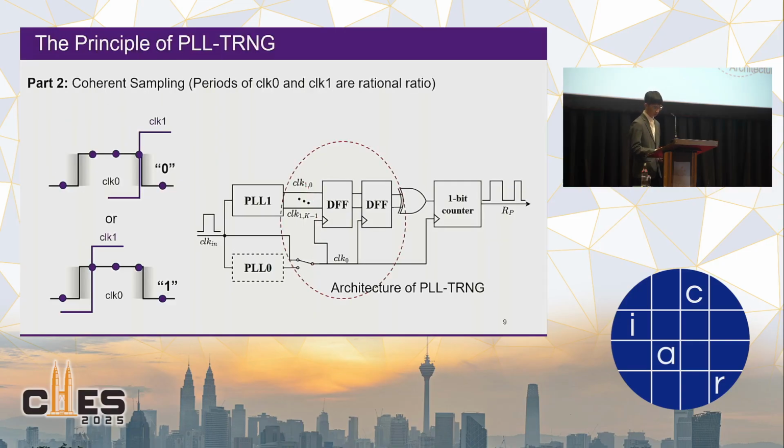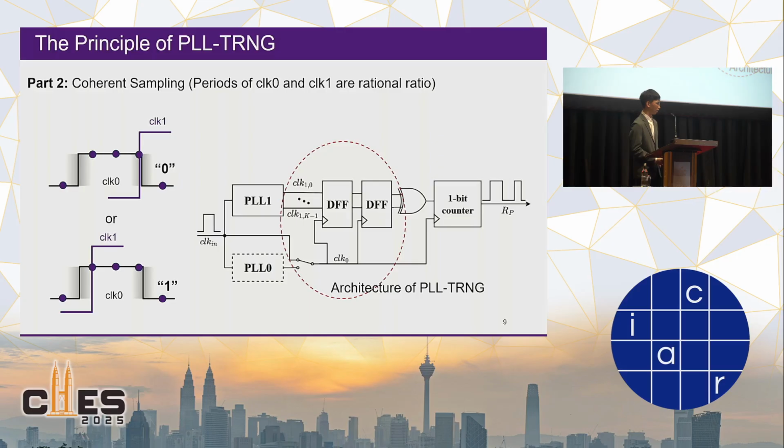So the second step is extracting the entropy using a technique called coherent sampling. We use the clock from PLL1 as the sampling clock. It tells when to capture the state or phase of clk0. If we set the periods of clk0 and clk1 as a rational ratio, the phase of PLL1 at each capture is exact.